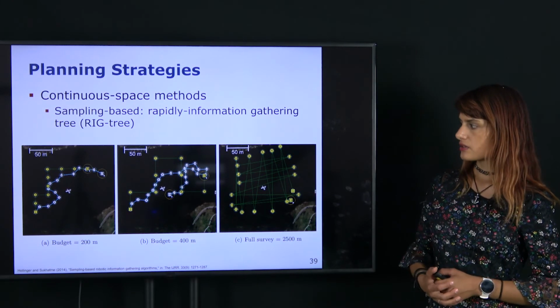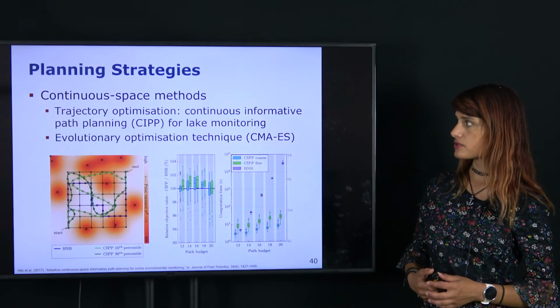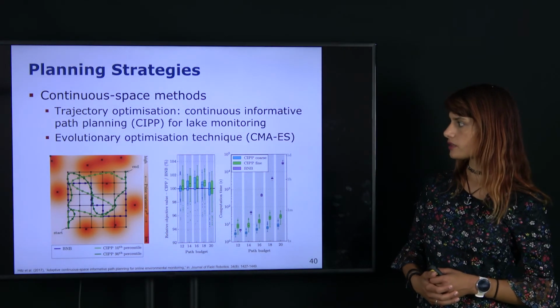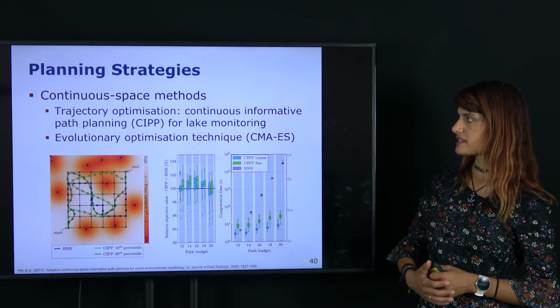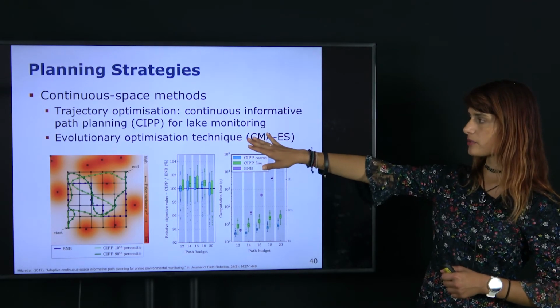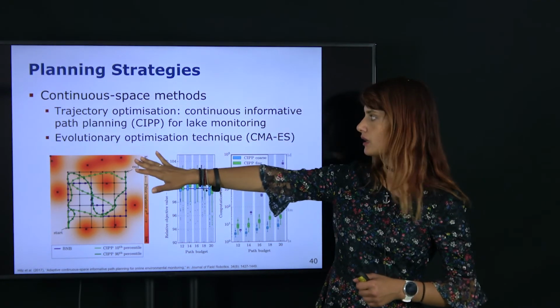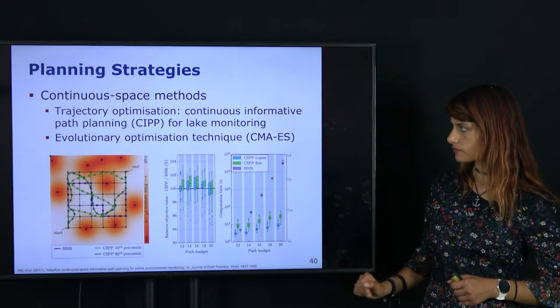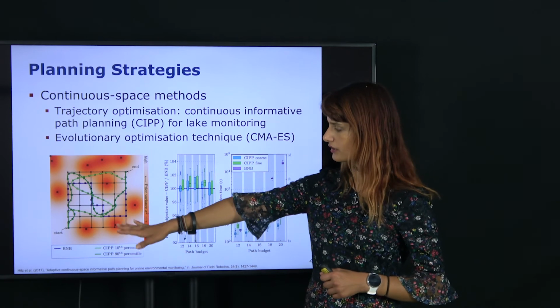So another way of generating continuous space plans is using trajectory optimization-based approaches. Here we see an example of a continuous informative path planning algorithm that was used for lake monitoring applications. Let's focus on the left-hand picture.